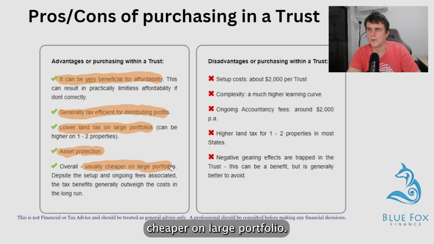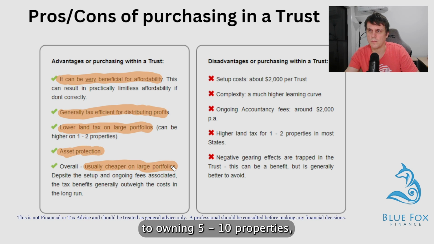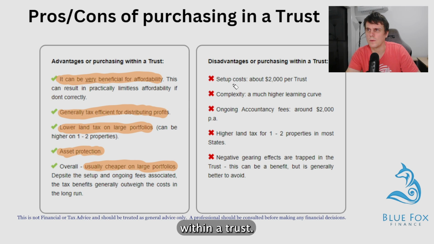Overall, usually cheaper on large portfolios. So there are setup costs, there are ongoing costs, and when you have one investment property, it is more expensive. There are still benefits, but more expensive. But as you grow out to 5, 10 properties, this is just generally a lot cheaper as long as you do it correctly.